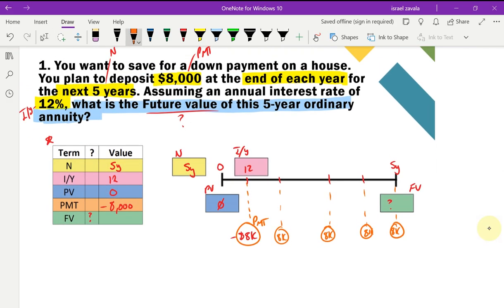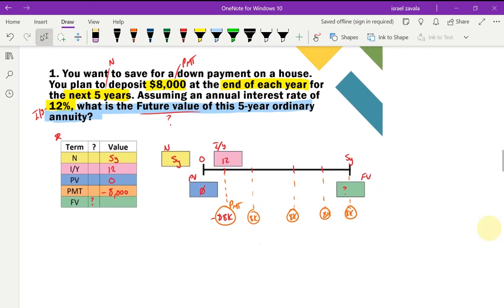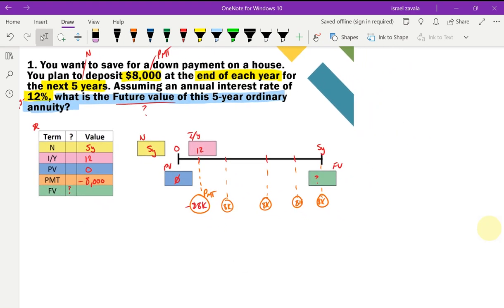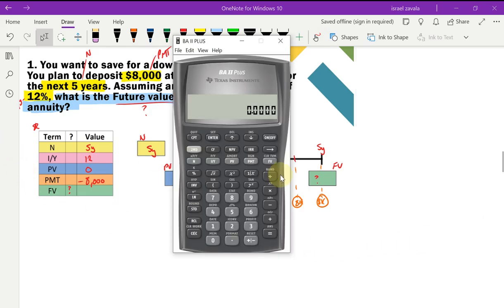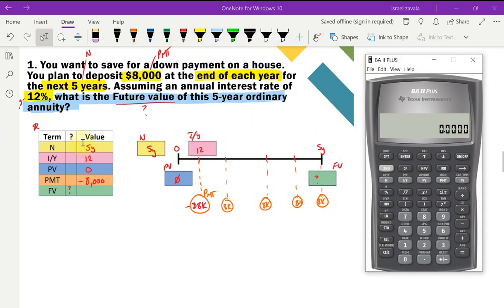All right, so we need our financial calculator. We're going to be using our time value of money keys with the financial calculator. We have all the terms we need here, right? From top to bottom, we're going to do left to right. Remember, always second clear your time value of money. So N is 5 years.